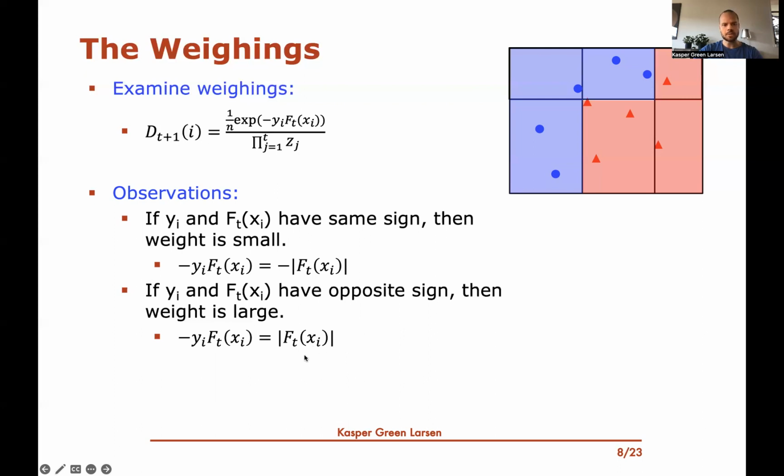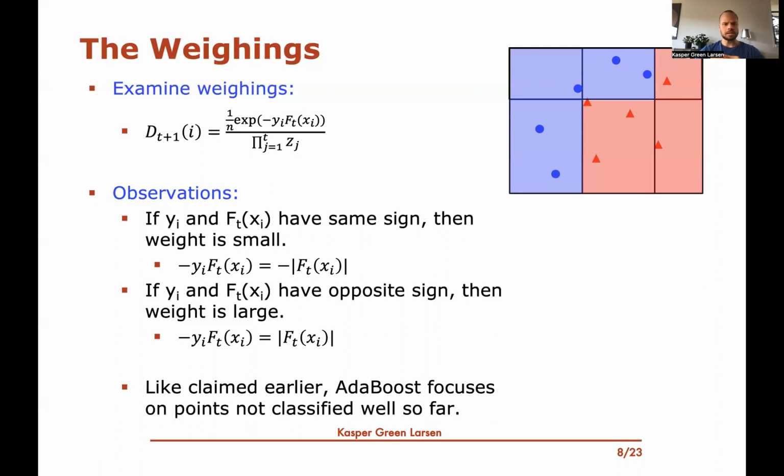So it will have a large weight, and it will be larger the larger the value that AdaBoost outputs before taking signs. In some sense, this is just again stating what we also claimed in the previous video, that AdaBoost puts large weight on points that are not classified correctly. And even more so, the weight is actually proportional to the prediction you would make before you take signs. Okay.